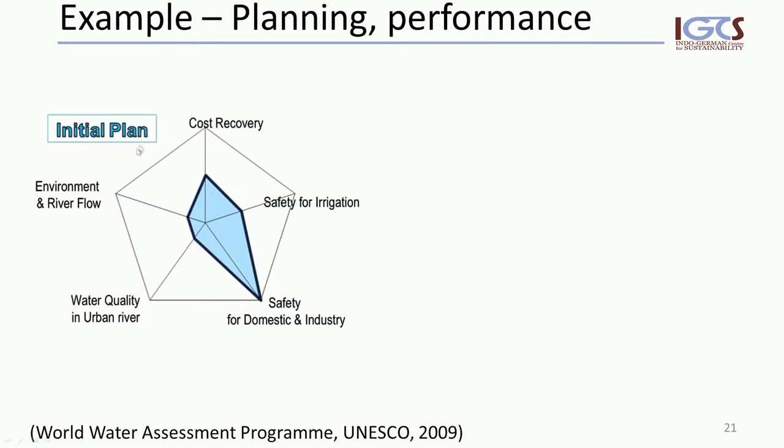So this was at the beginning, and when we start implementing these changes towards sustainable river basin management, you would start from a baseline indicator set to measure your changes against that baseline.